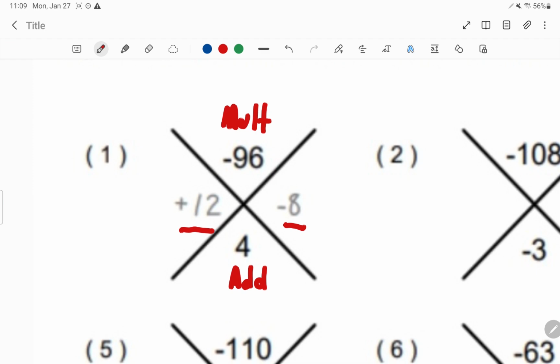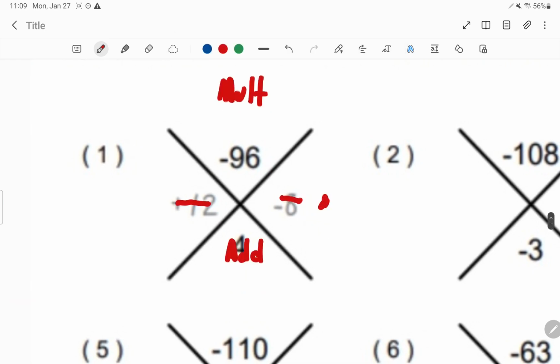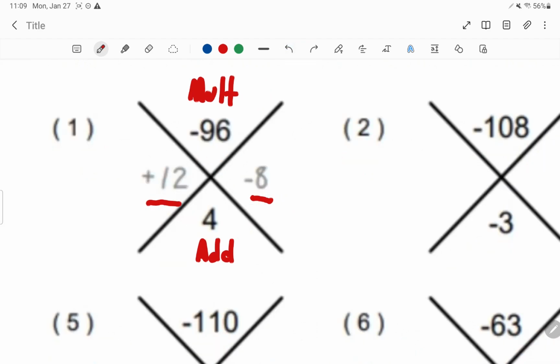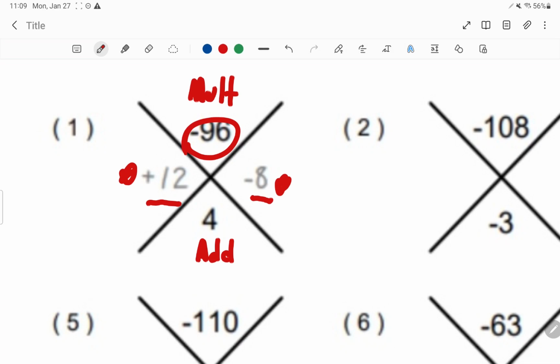The 2 numbers on the sides, if I multiply, I have to get -96. But if I add them, I need to get 4. So that's the rule of this.